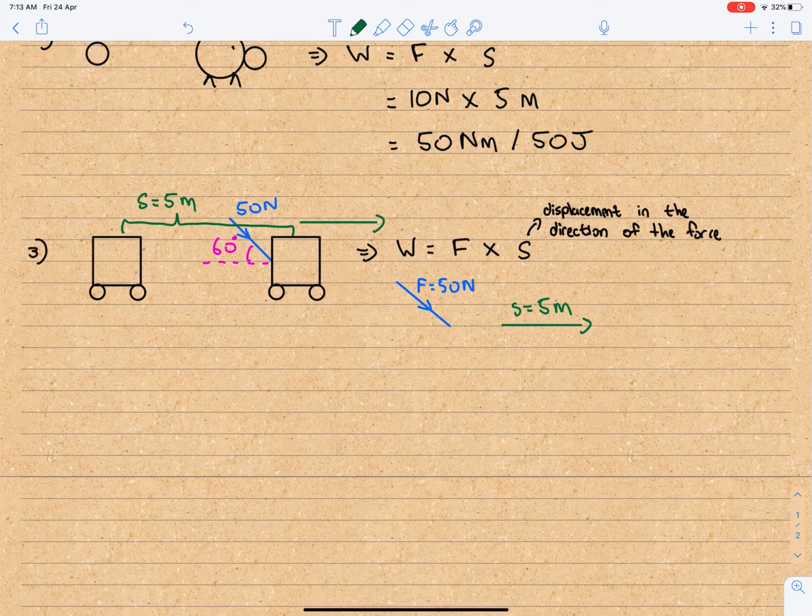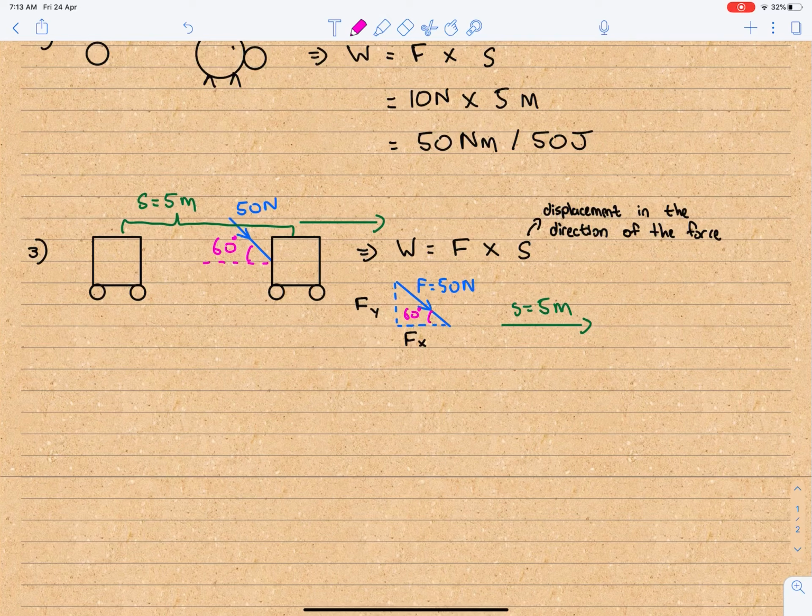So we cannot simply calculate 50 Newton times 5 meters because 50 Newton is not in the same direction as the displacement. So what we are going to do is look at the components of the force. If this one is called F, this one is called F component Y, and this one is called F component X, with an angle of 60 degrees.